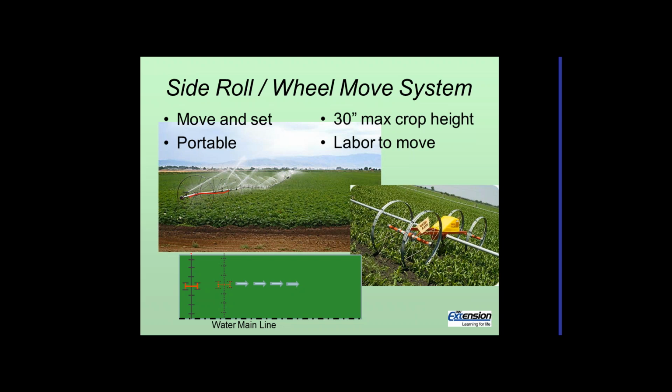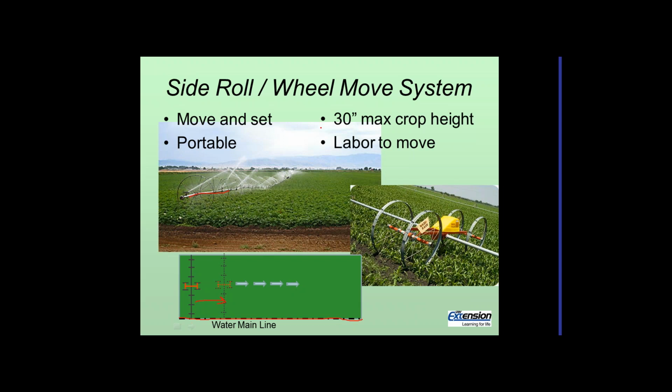If you look at the little illustration on the bottom, we've got the main line pipe running along the south side of the field, and then we'd set it, we'd sprinkle, then we'd move this forward, reset it, hook it up to the main line, sprinkle again, and we keep doing that down the field. So every hour or two you'd go out there and move the pipe to cover your system.